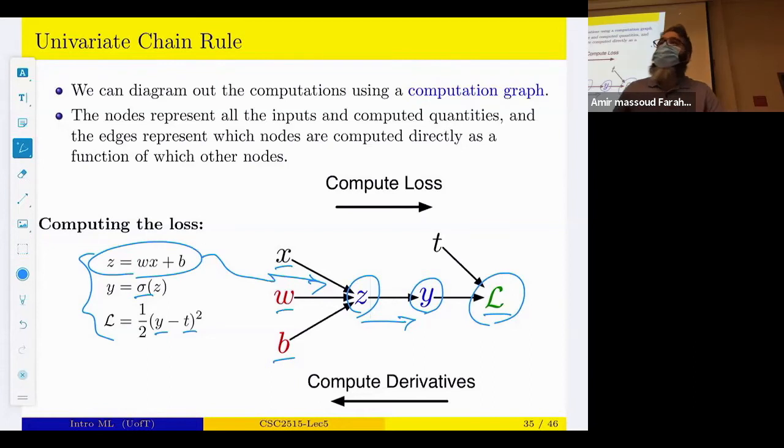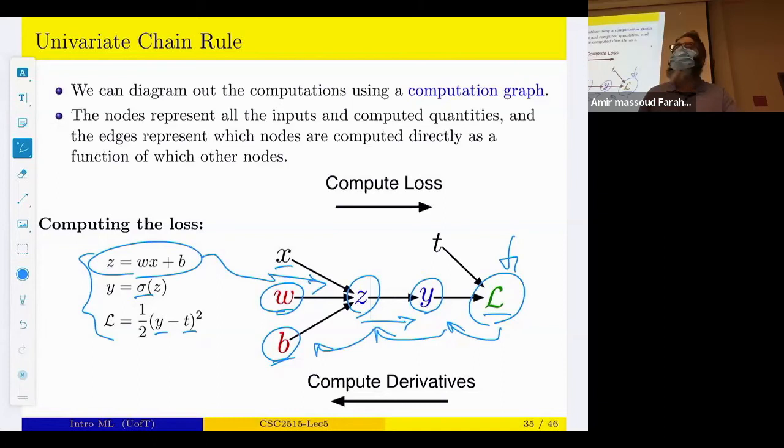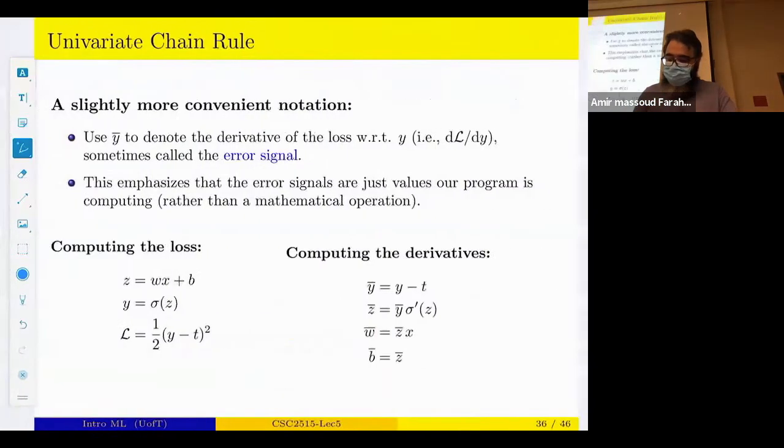What we want to compute for training this structure, a simple neural network, are the gradients of L with respect to W and B. So we just need to compute the gradient of this loss function with respect to each of W and B. The way we do that is to start from the end and gradually, step by step, go back in the computation of derivatives until we get to the derivative with respect to the variables we are interested in.